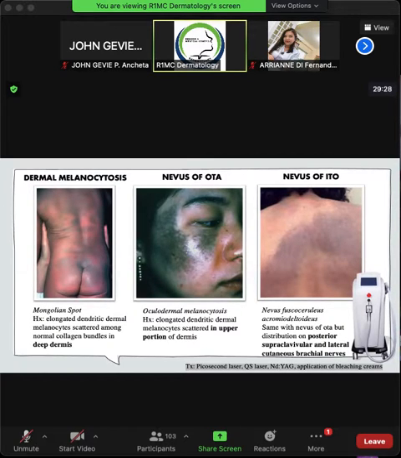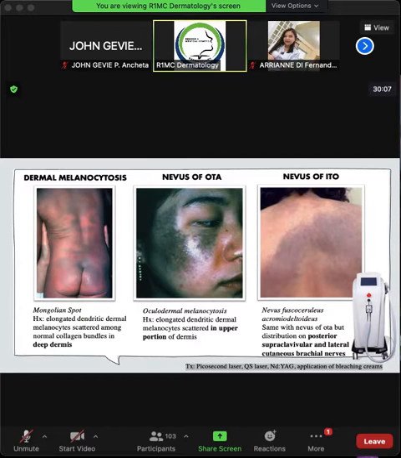However, of course, the distribution and the area of involvement is different. So for your nevus of Ota, you actually see this on the ocular area, while for your nevus of Ito, you would actually see this on the posterior supraclavicular and lateral cutaneous brachial nerves involving your shoulder, side of the neck, and your supraclavicular areas.